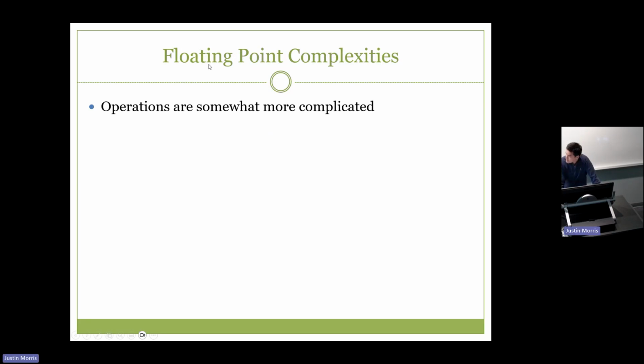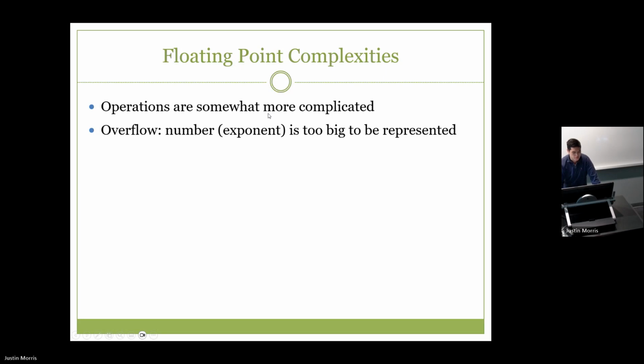We are going to talk about addition and multiplication in floating point, and because the decimal point can move around, the operations are going to be a little bit more complicated. The first thing is overflow. This occurs when the number or exponent is too big to be represented.